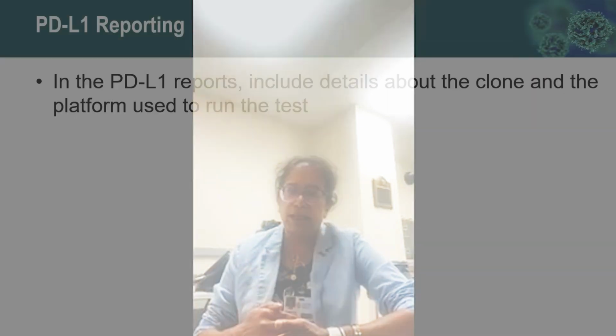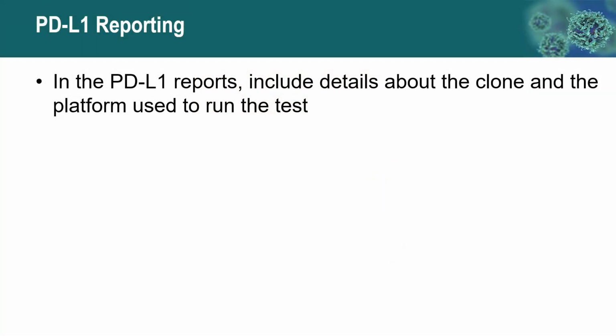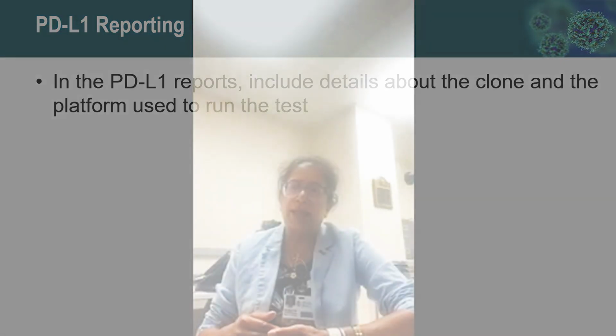Then in the pathology world, the LDTs have come and different clones have been validated and all that. So what we did was, one of the challenges we had, put in our reporting system. We do put in our reports all the details of the clone and the platform that we use. And the strong validation definitely is one of the strengths of our PD-L1 testing.